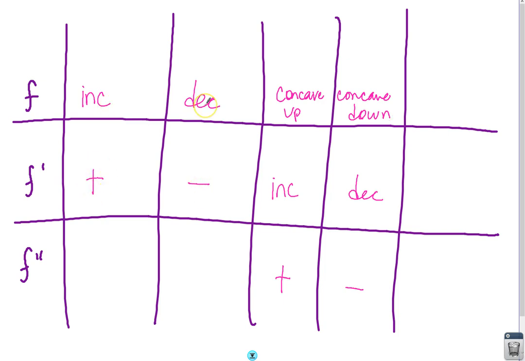This is negative, decreasing. Same thing down here. There's another option: if it's not increasing or decreasing, it could be constant, which means my second derivative and first derivative, for that matter, are both equal to 0.